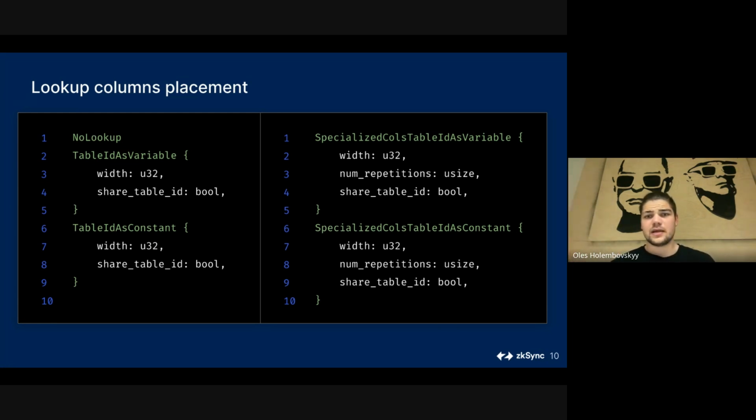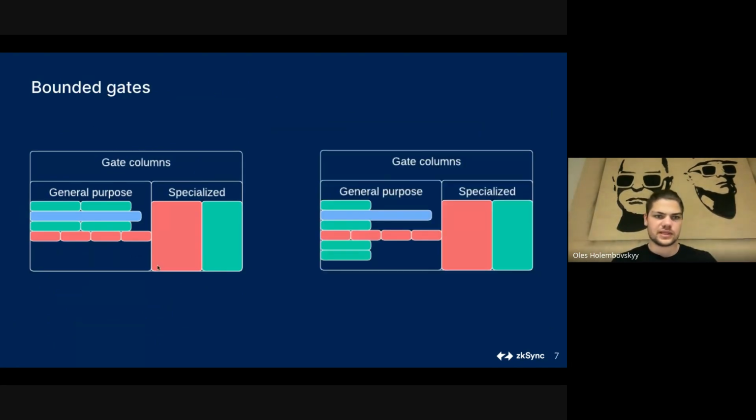Also, you can use specialized columns, or you can use general purpose columns. So you can also add lookup to the general purpose columns we discussed here. It will be like usual gates, and you will also add lookup gates here. But usually we move lookup to specialized columns and keep lookup and gates separate.